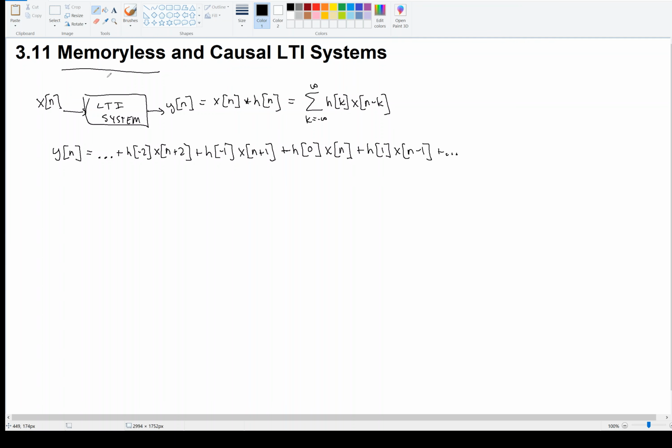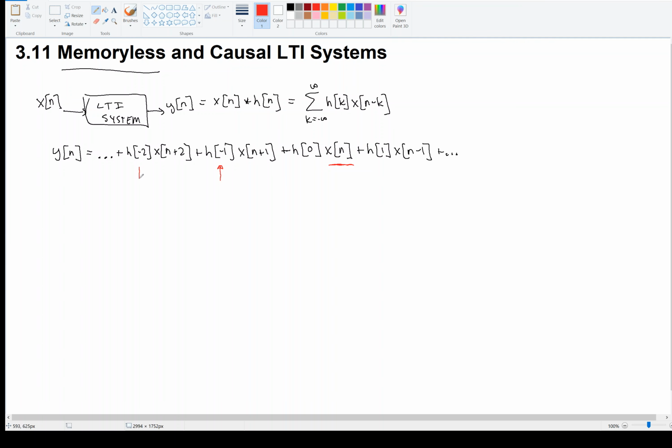Now remember what we said about memoryless: the output y at time n can only depend on the input x at that same time. Well, there it is, the input at the same time n, but here's the input at a previous n. Here's an input at a future n, 2 samples in the future, 3 samples in the future, and so on. So if this is going to be memoryless, what can you say about h of negative 1?